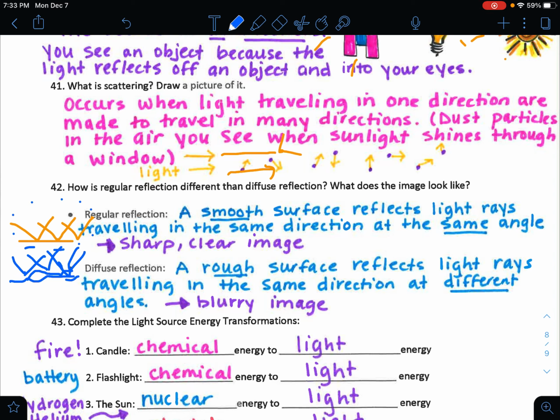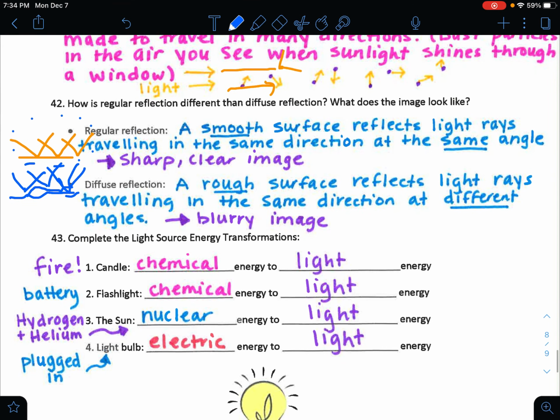But this one here, it's bouncing off all irregularly, because it's hitting those water waves, and the water itself is making it hit at different angles. So a rough surface reflects light rays traveling in the same direction, but it's going to bounce them back at different angles. So that is going to produce a blurry image.